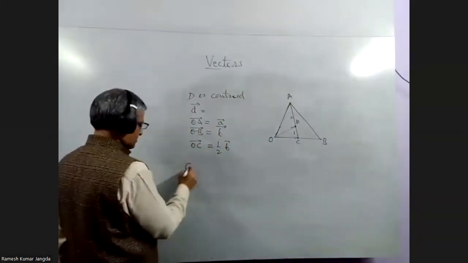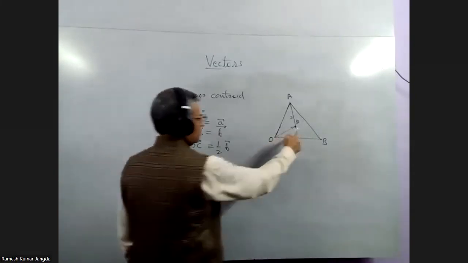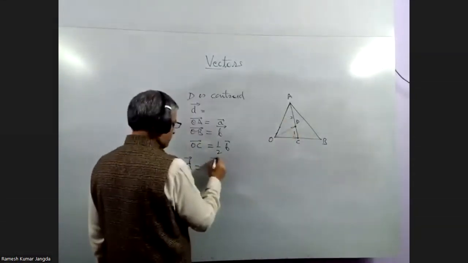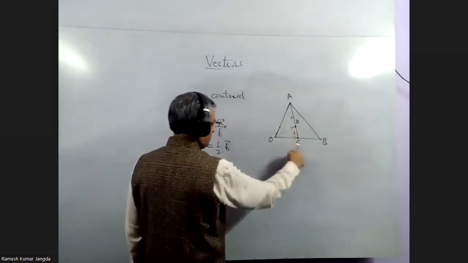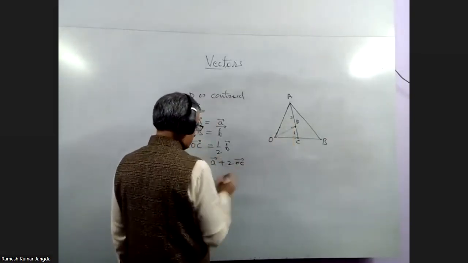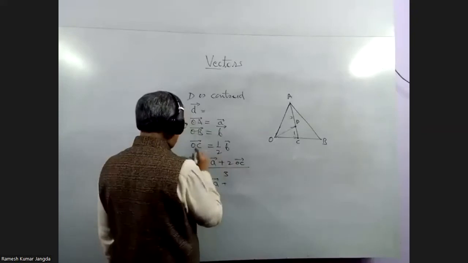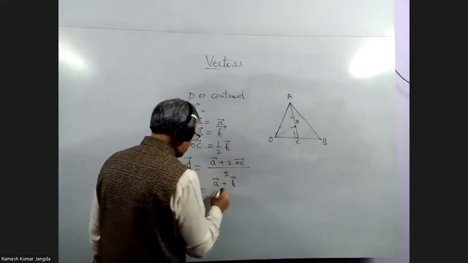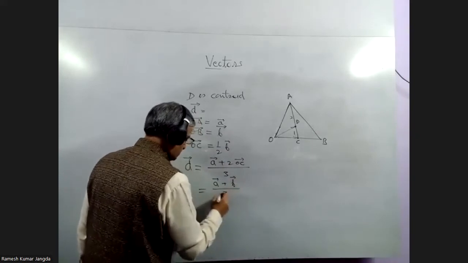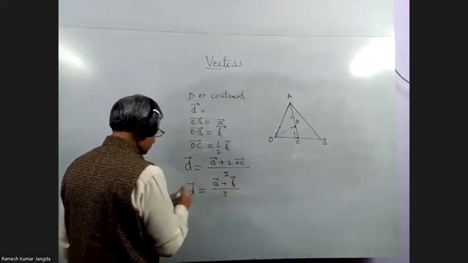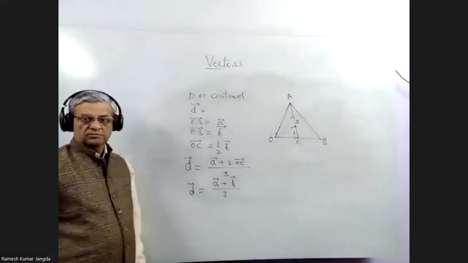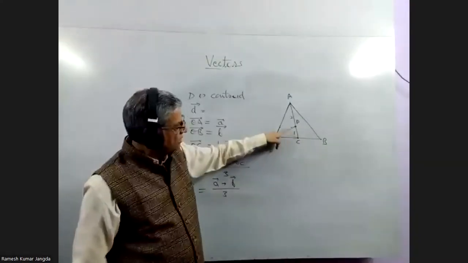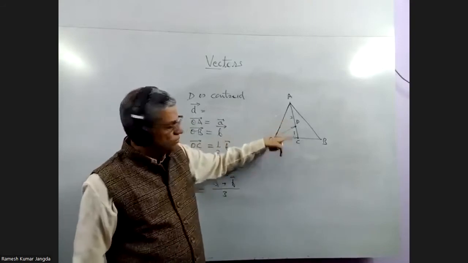So position vector D becomes 1 times A plus 2 times OC upon 2 plus 1, that is 3. So A plus, how much is OC? Half of B. Half of B means this is B upon 3. 2 times this plus 1 times this upon 2 plus 1.